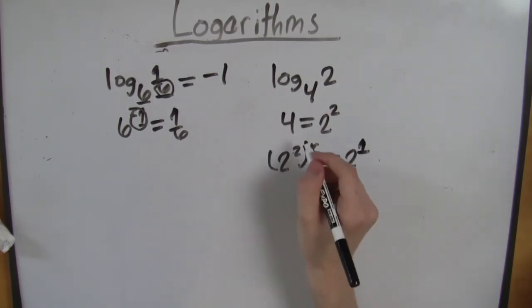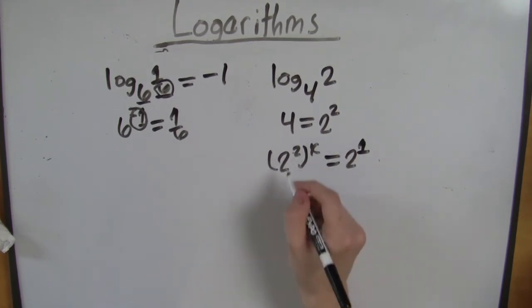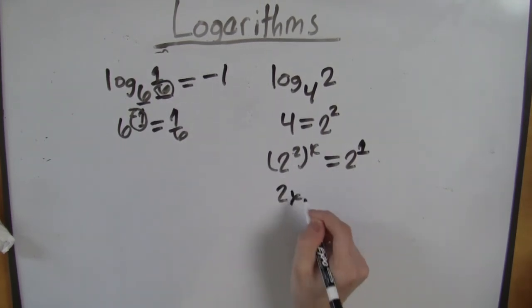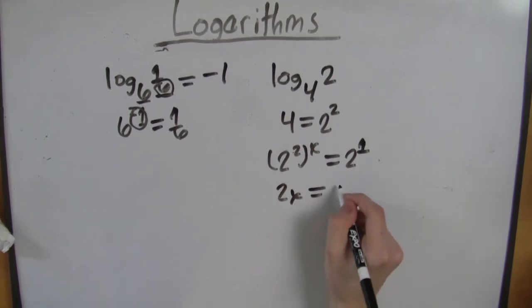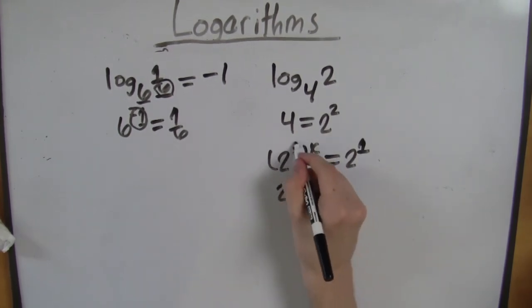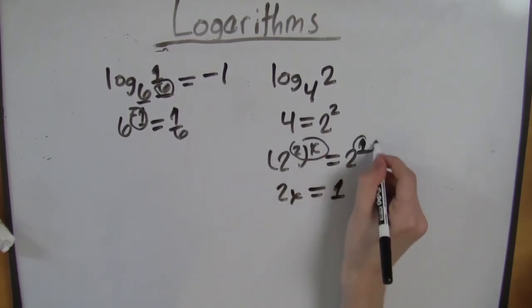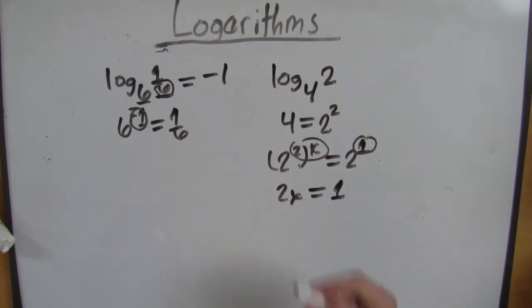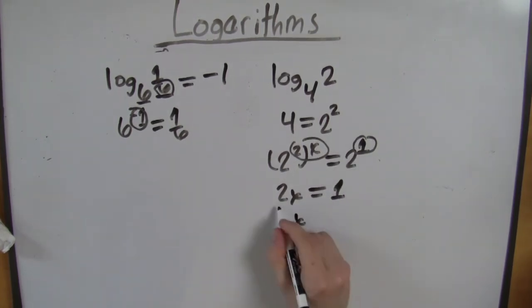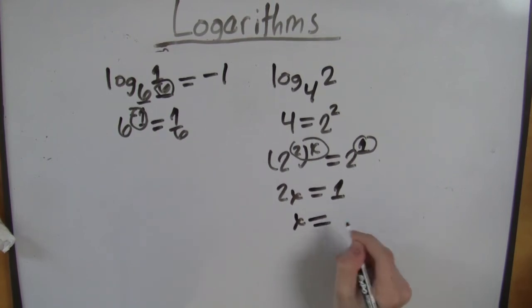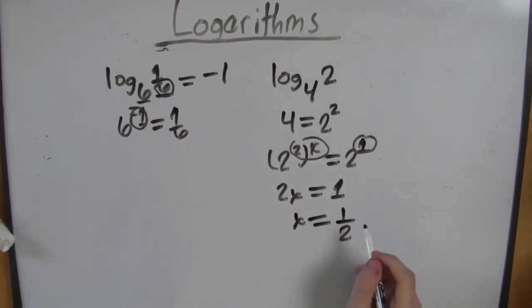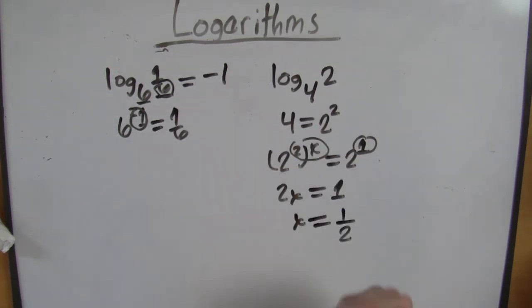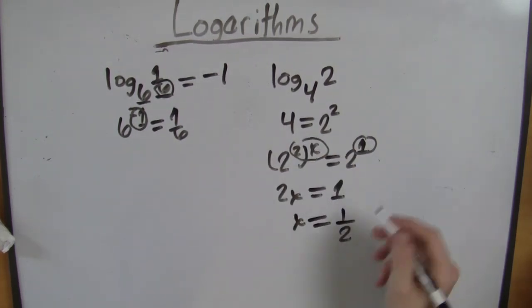All right? So there's some value x right here where 2 times x is 1, so that these exponents match. They're equal. Well, I can do some simple algebra and divide both sides by 2, and I get x equals 1/2, right? So I need to raise 4 to the 1/2 power to get 2.